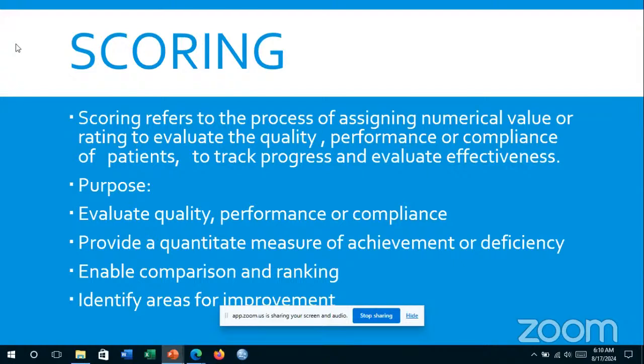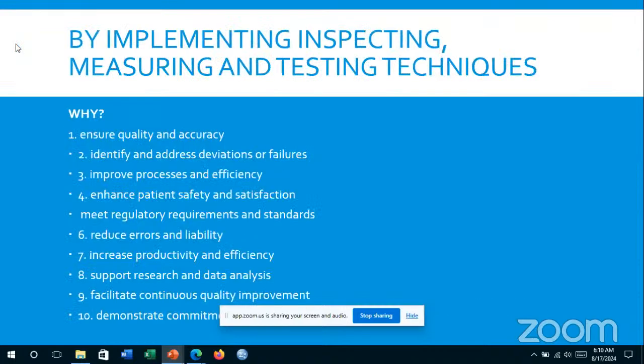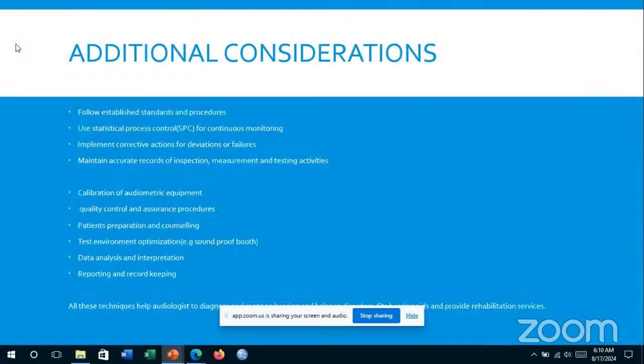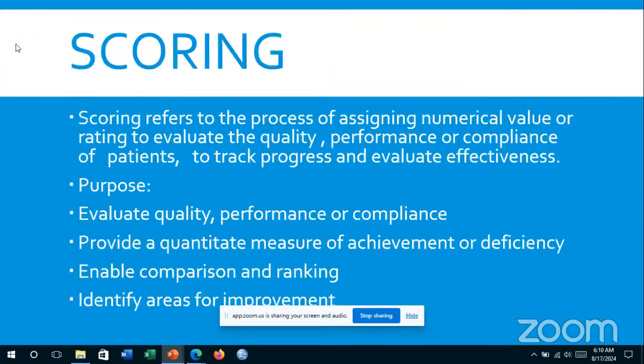So, as I was saying, testing. When you are testing in audiology, you consider behavioral observation and auditory skill assessment, speech in noise testing to evaluate speech recognition in noise, and then auditory processing disorder. That one will help to assess APD.